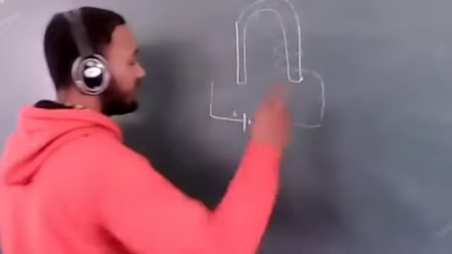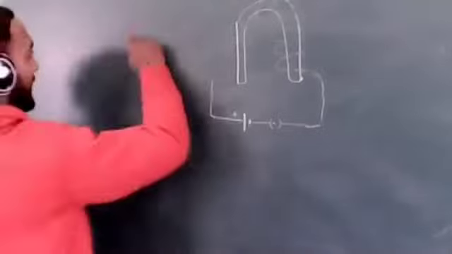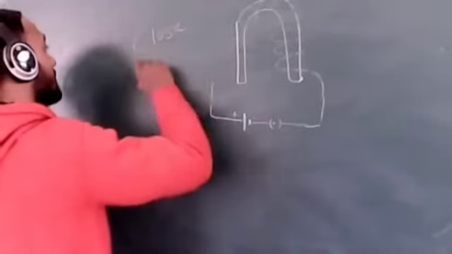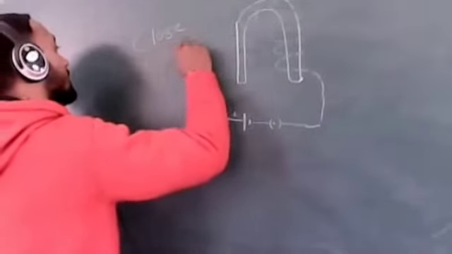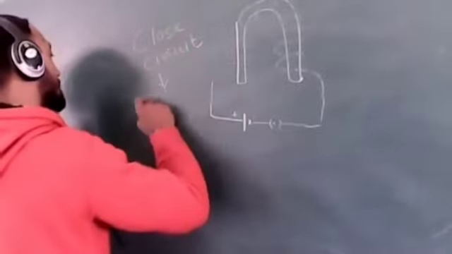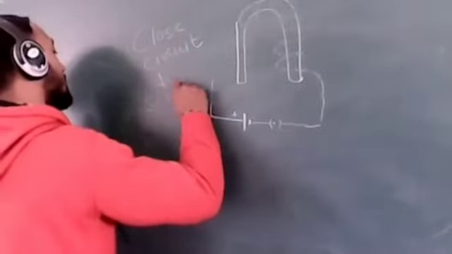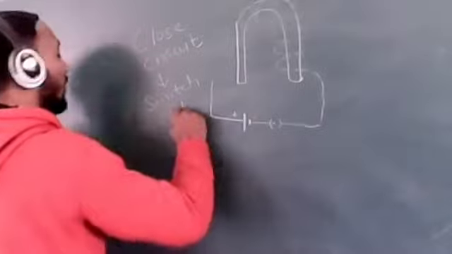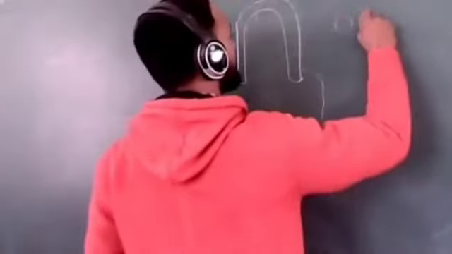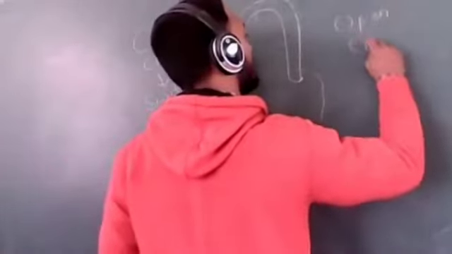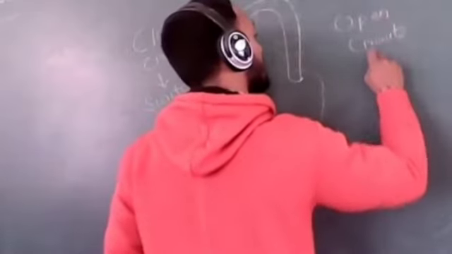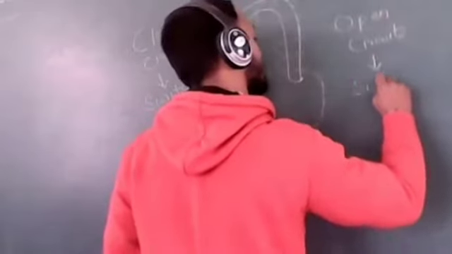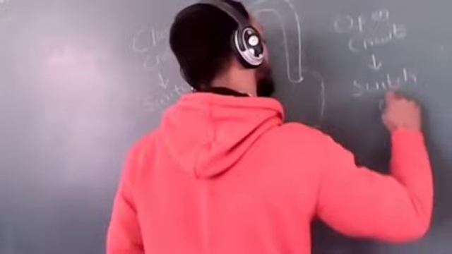Okay. Now, closed circuit. Closed circuit means switch on, means current will flow, and open circuit means switch off.